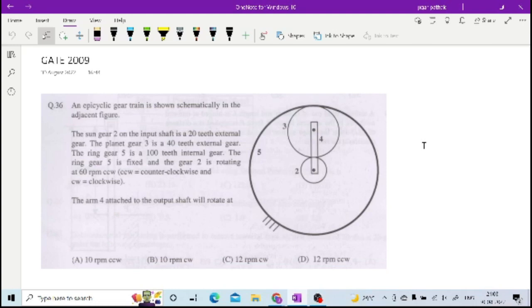Now the ring gear 5 is a 100 teeth gear, and it is an internal gear because it is in mesh with 3 as an internally meshed gear, right? Now the ring gear 5 is fixed and gear 2 is rotating at 60 rpm counterclockwise. The arm 4 attached to the output shaft will rotate it. So this again you can calculate by making a table. Can you make a table and solve this question?